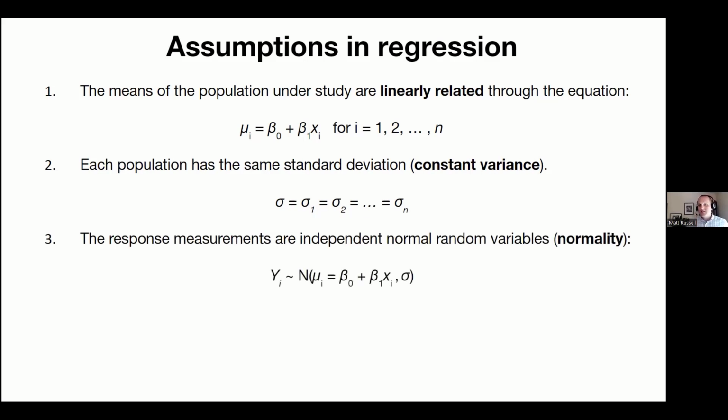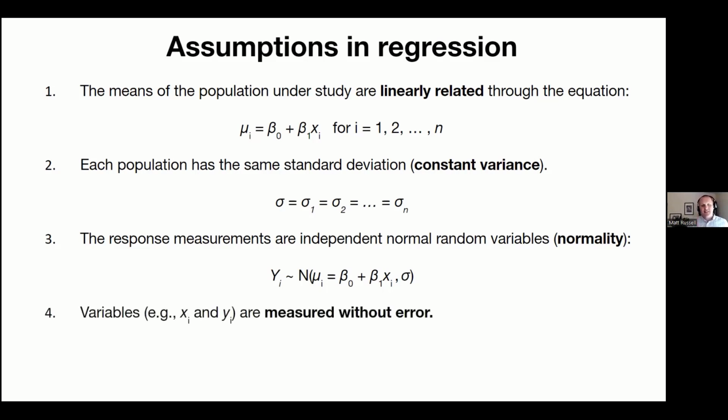The response measurements are independent normal random variables. When you hear people say, well, you can't do that statistical technique because the data aren't normally distributed, that's what that means. That normal distribution is the classic bell-shaped curve that you might see. And there are different ways to test that with the data that you're working with.